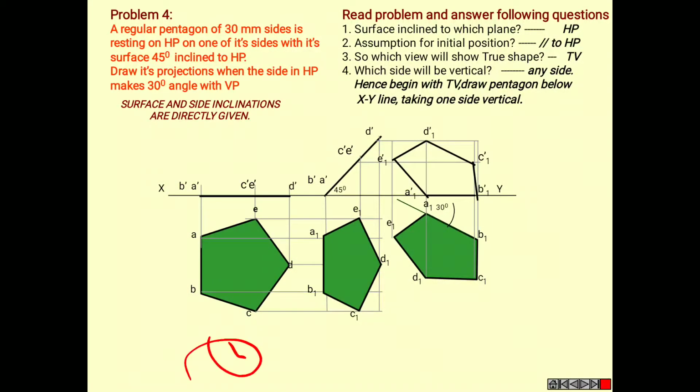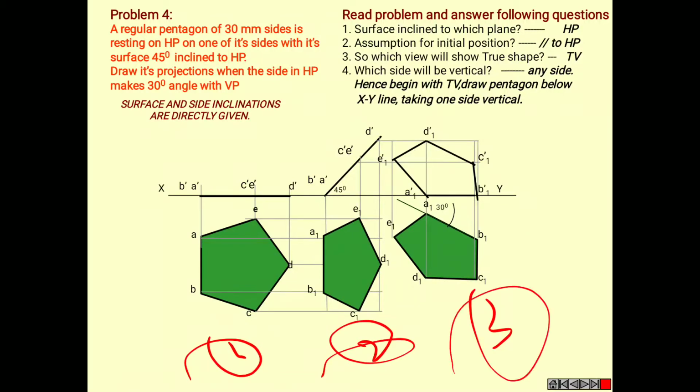This is your stage 1, 2 and 3. The third stage is finally the surface 45 degrees inclined to HP and 30 degrees inclined to VP.